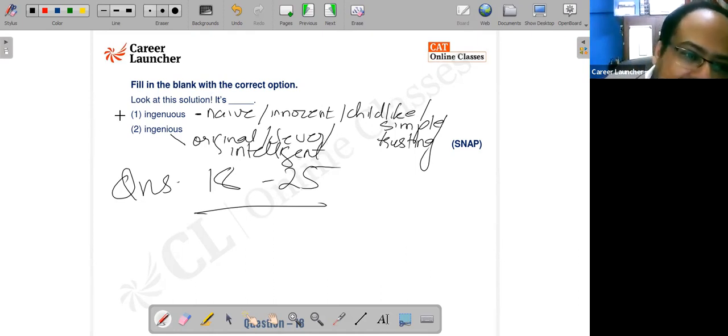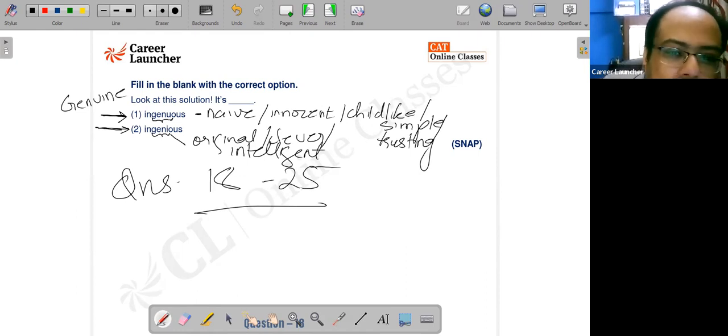If you want an easy way of remembering which word means what, maybe you can have a look at how the words are formed. In the first word, you will notice it is GENU. In the second word, it is GENI. What I do to remember this is I think that GENU is similar to the word genuine.